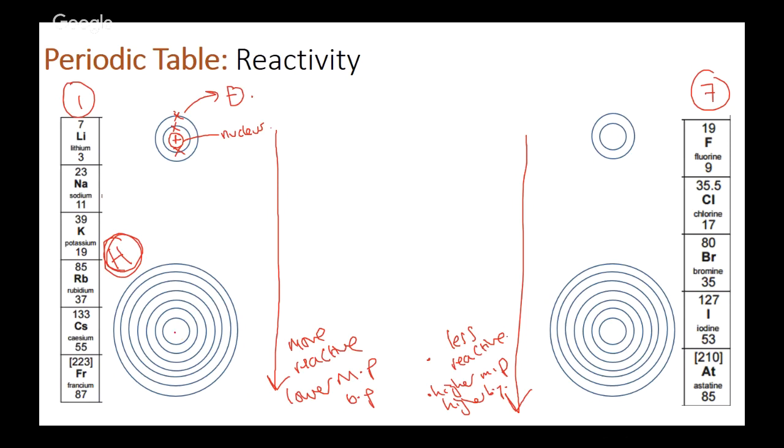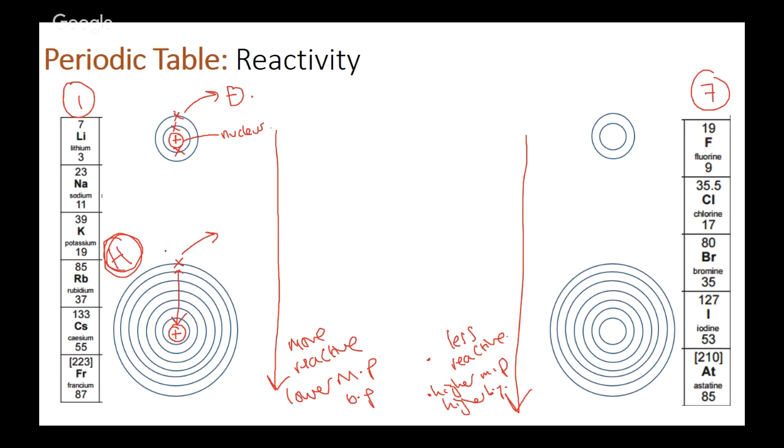compared with a much larger atom where you'd have, again, the positive nucleus in the middle, and the outer electron on the outside that you want to leave to form a positive ion. You can see in this case, the electron is much further away from the nucleus.